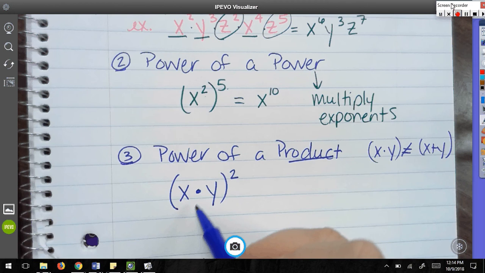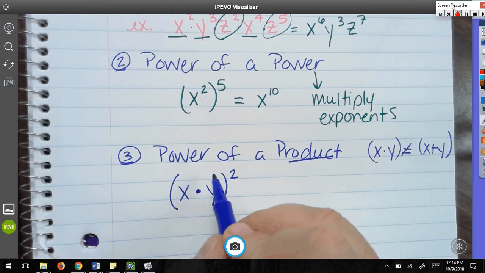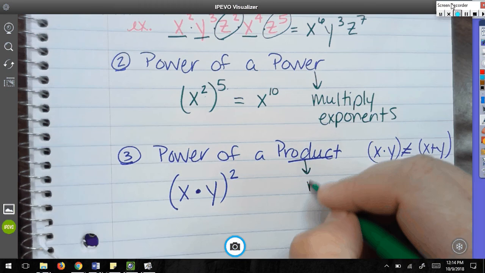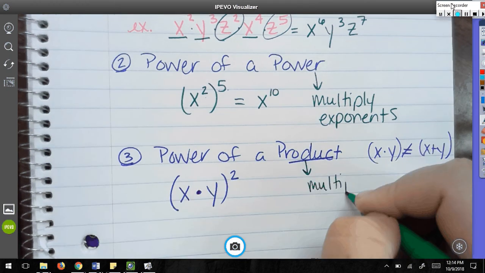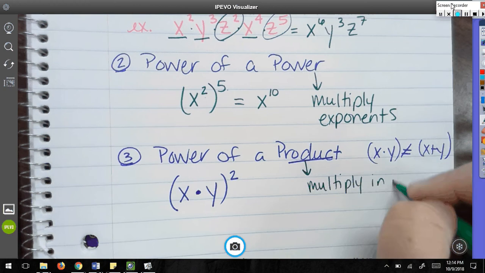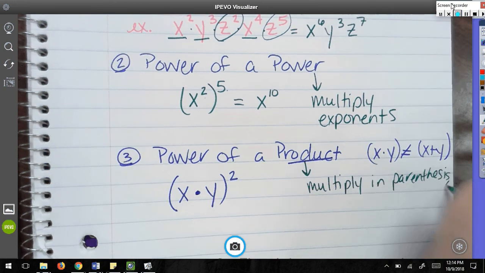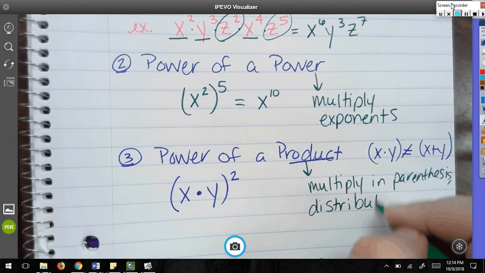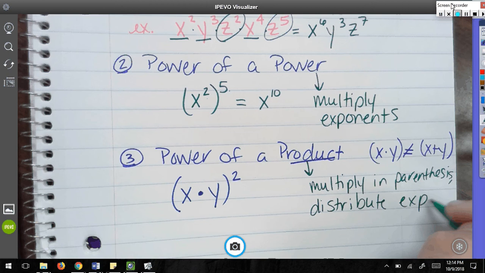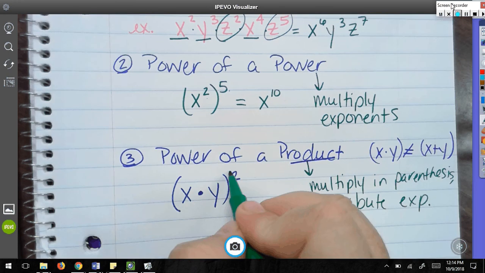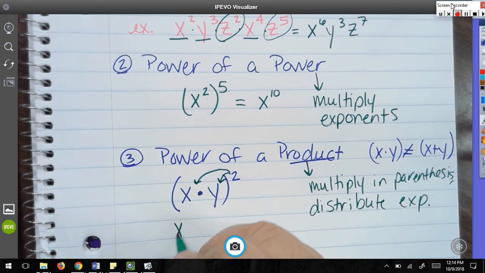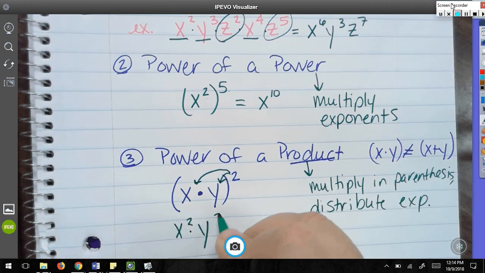As long as I'm multiplying in this parenthesis, and you have to make sure you're multiplying in the parentheses, not adding or subtracting, then we can distribute that exponent. So for instance here, I could distribute and distribute, so I would get x to the second times y to the second.